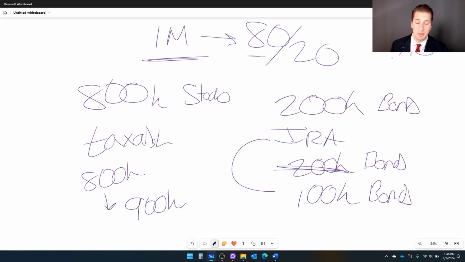This is not in alignment with what him and his advisor agree he should be in, so he's going to need to do what's called a rebalance and find a way to strategically get back here. That generally means selling stocks and buying bonds. But in reality, you can't just sell 100 grand of stocks and move all that into your IRA.